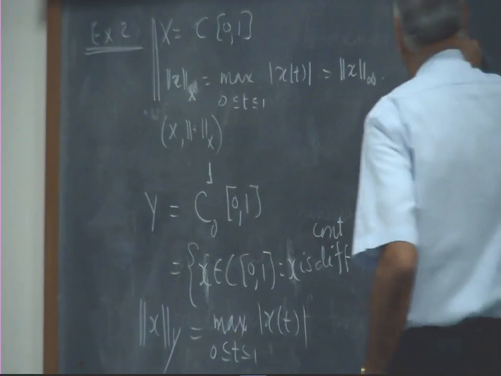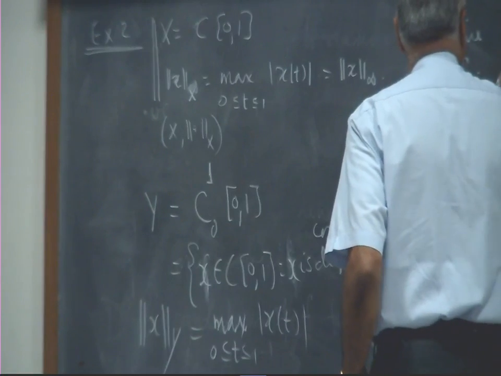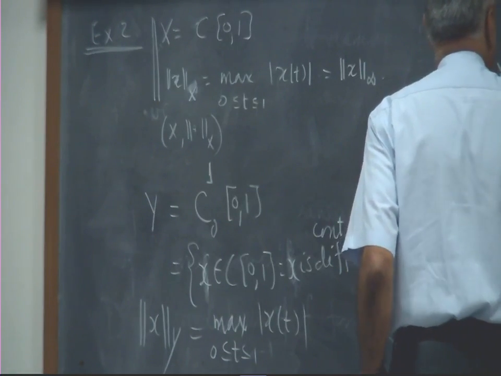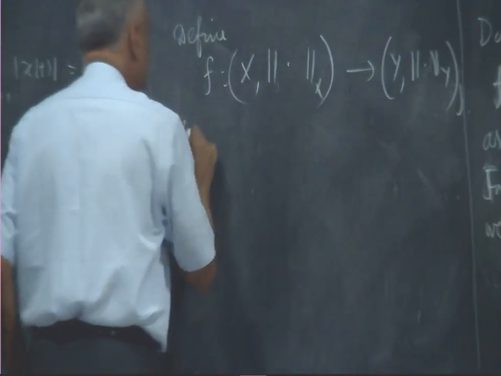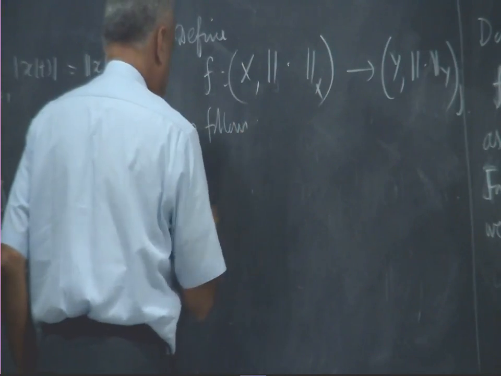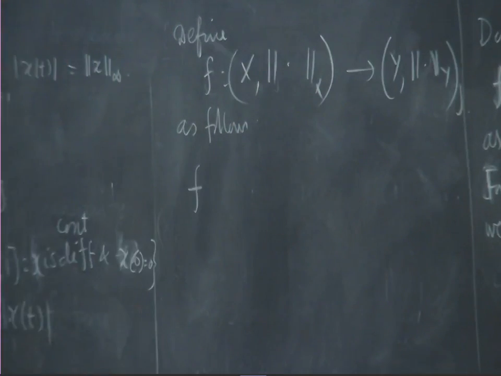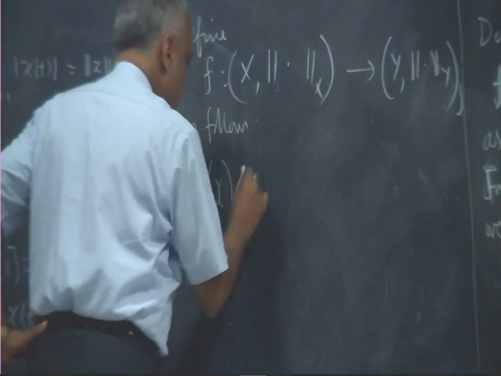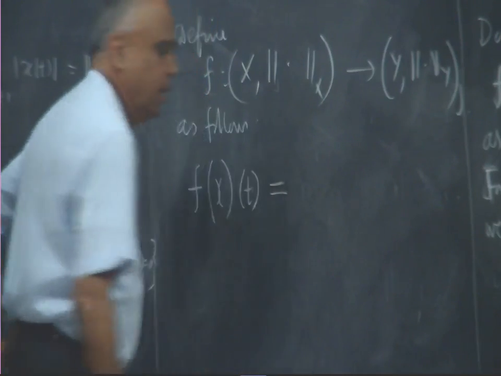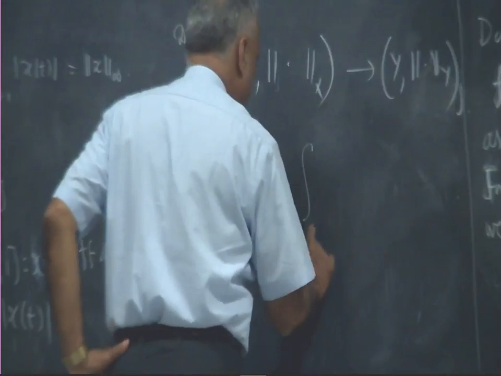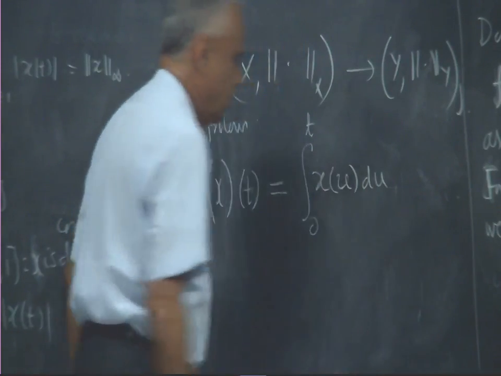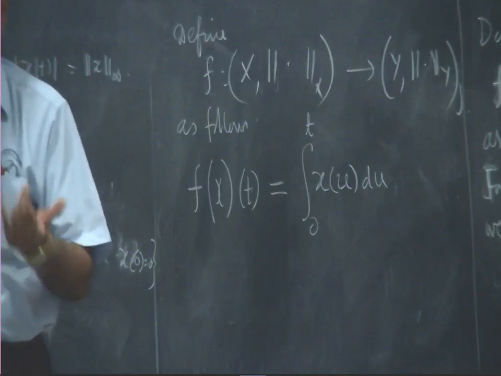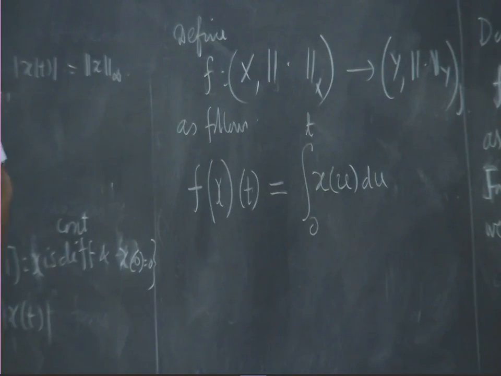So define f mapping x space to the y space as follows. What should I do? We should take a continuous function and map it to another function. So f of x at any point t is defined as the integral from 0 to t of x(u) du. First of all, does it make sense? x is a continuous function, therefore the integral is well defined, no problem.